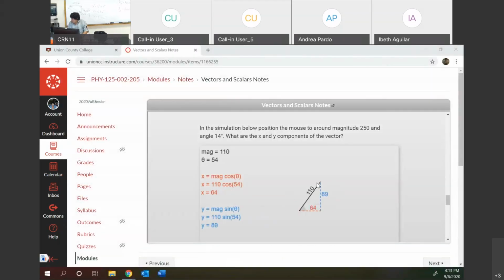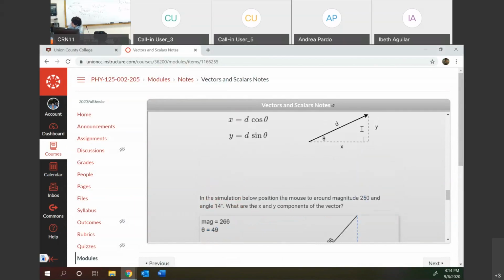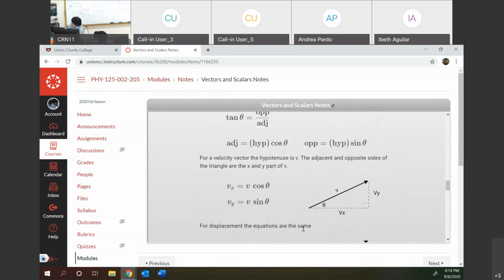There. All right, and then you can always take a look at this animation here, right? What happens if you increase the magnitude of the vector? You see what happens with the components. It depends on the angle, right? So that's actually very interesting there. And some of the trigonometry that we did here today is in here as well. All right.